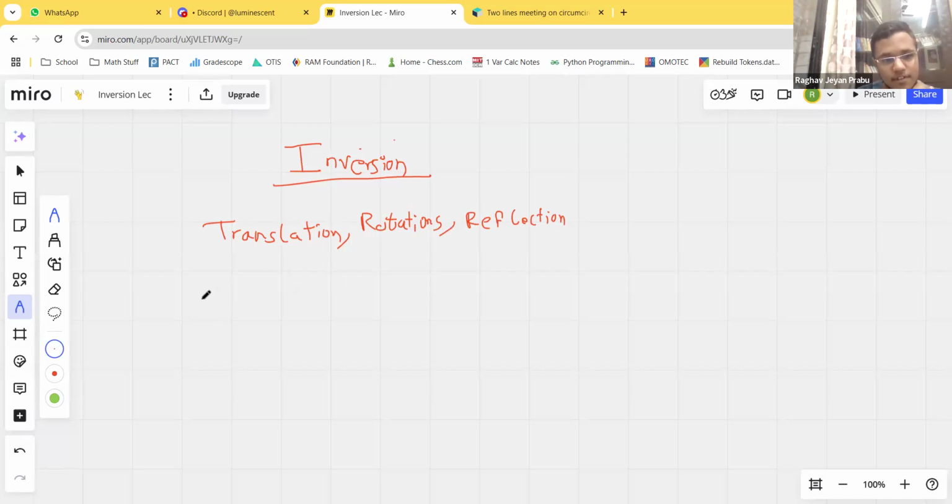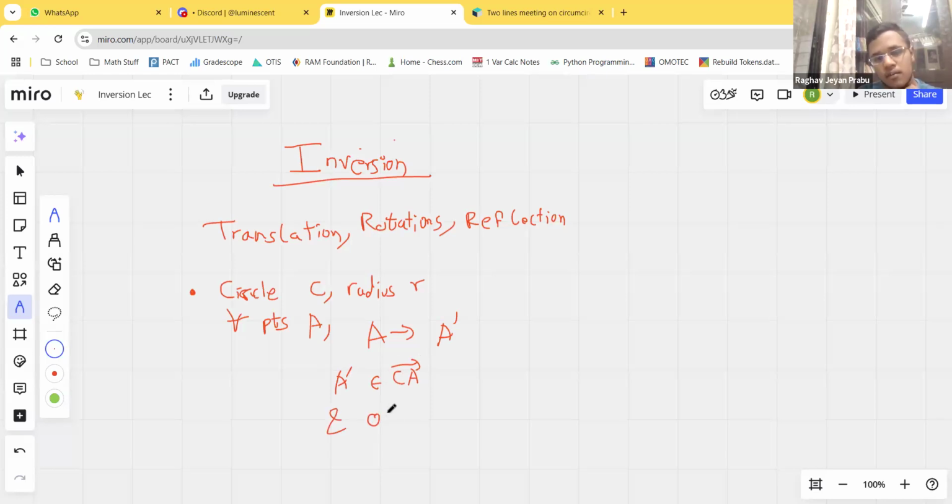So I'll first define what an inversion is. In inversion, you take a circle with center C and radius R, and you do the following. For all points A, A maps to A dash such that A dash lies on the ray CA, and CA times CA dash is equal to R square.